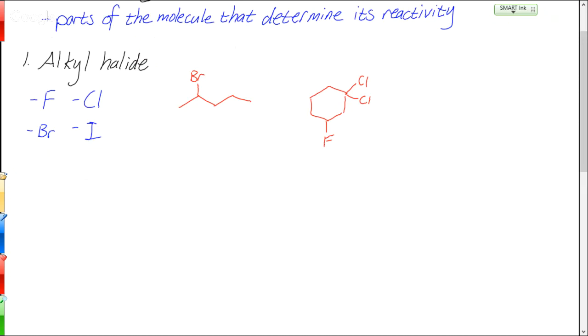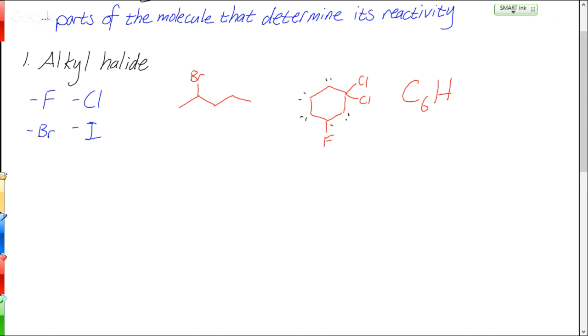So as you'll see, when we're counting up a molecular formula, if we look at the second one here, we can count up the carbons, 1, 2, 3, 4, 5, 6. We can count up the hydrogens, which would be 1, 2, 3, 4, 5, 6, 7, 8. And then there'd be 1 hydrogen here and no hydrogens on that 6th carbon because the halogens, the halides, the fluorine and the chlorine, take up those hydrogen spots.